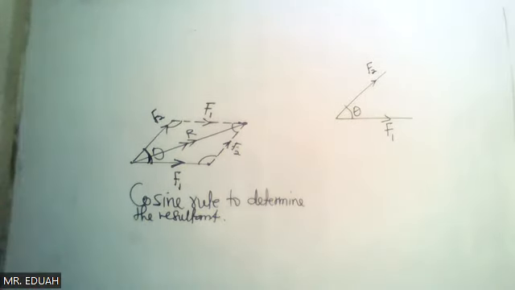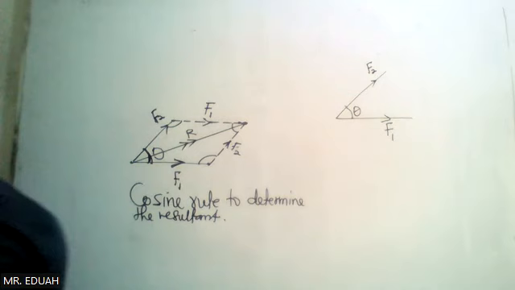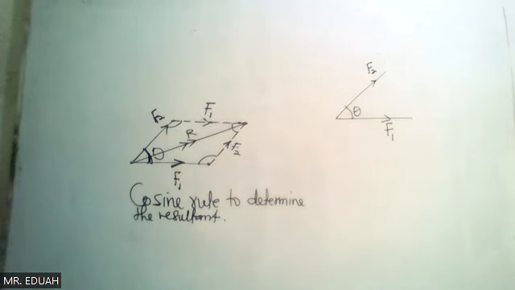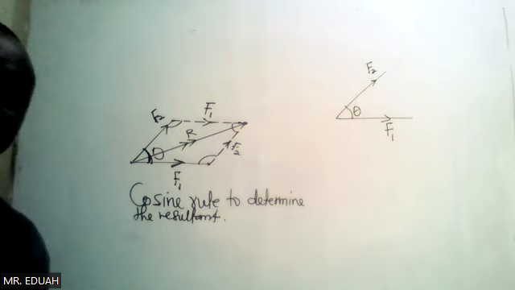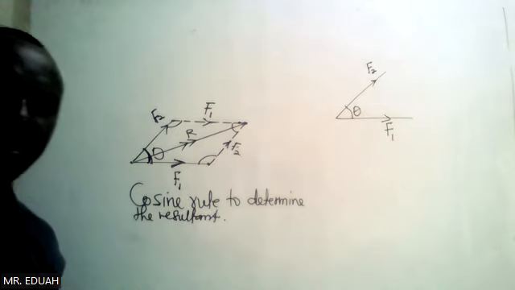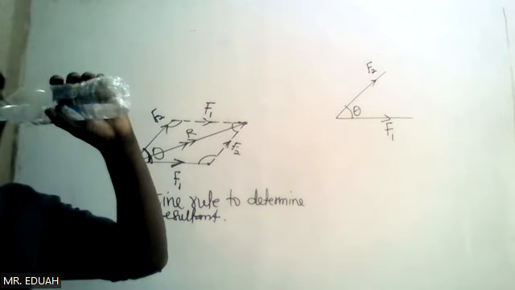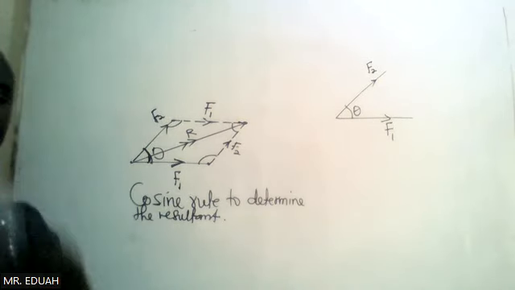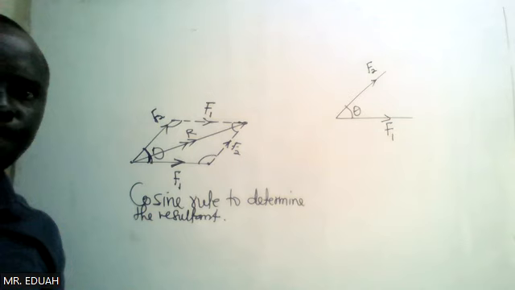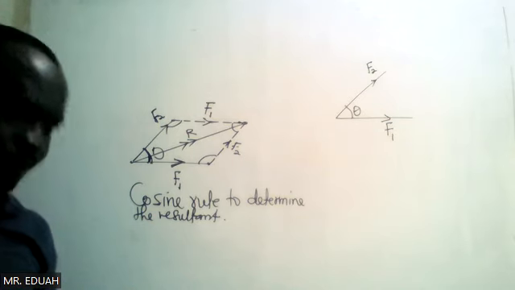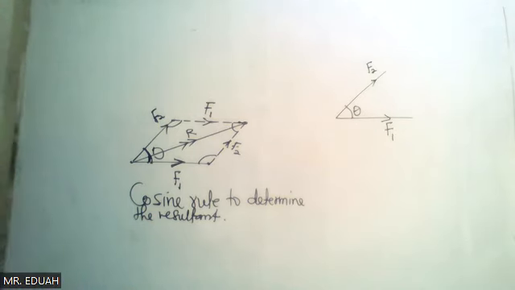And so here, why can't we use Pythagoras theorem, class? Why can't we use Pythagoras theorem to determine the resultant? Because Pythagoras theorem is used for only right angle triangles. Good.